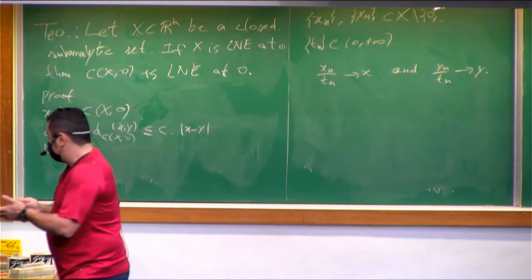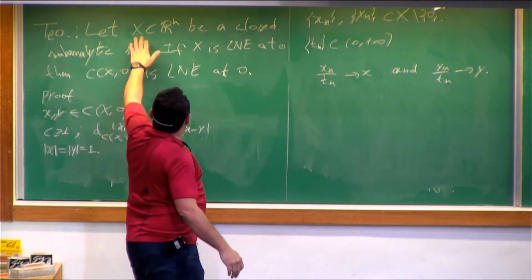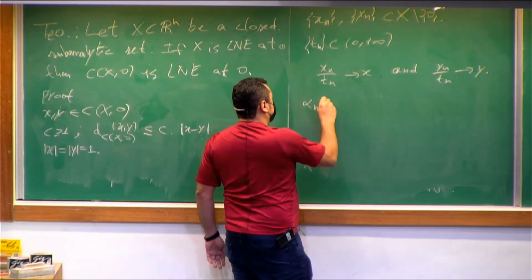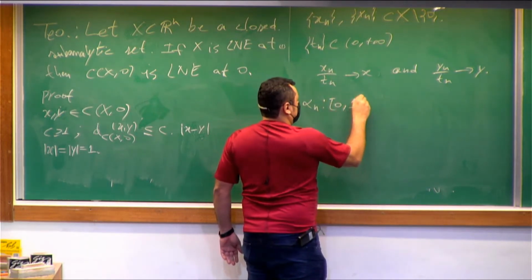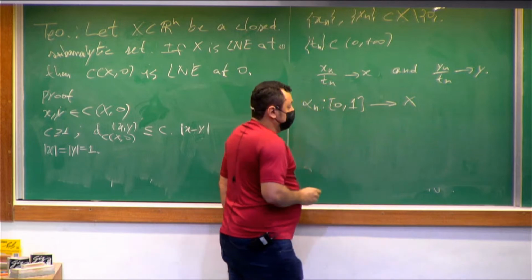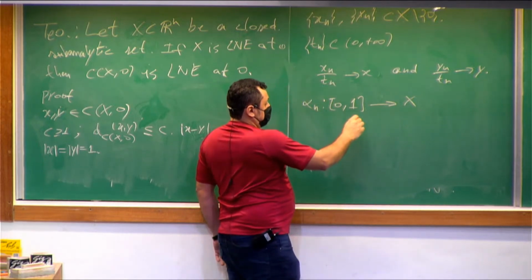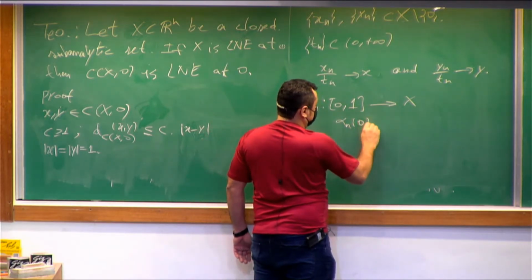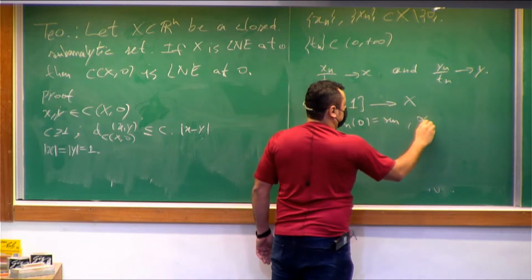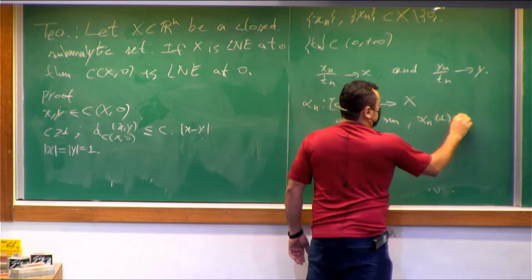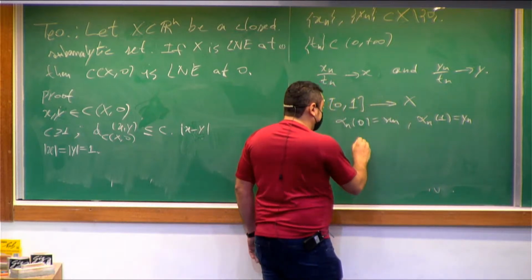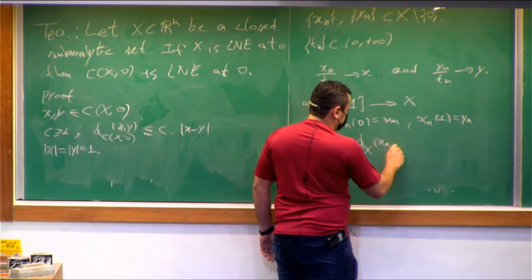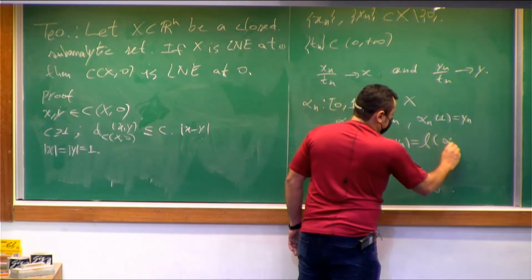And now, since X is closed, for each x_n and y_n, there is some arc alpha_n from 0 to 1 in X such that alpha_n(0) is x_n, and alpha_n(1) is y_n, and moreover, the distance in X between x_n and y_n is just the length of alpha_n.